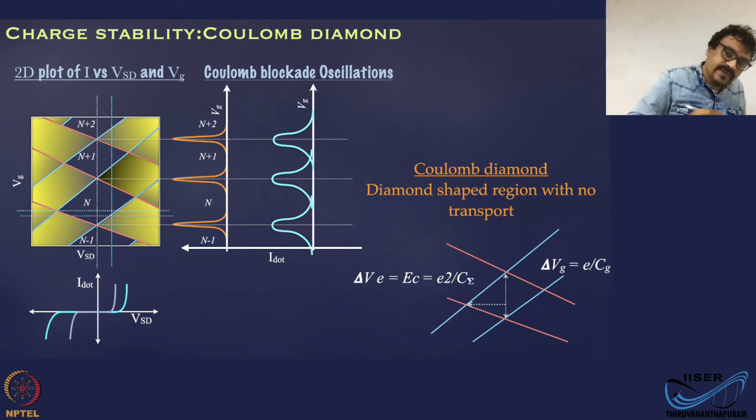Similarly, if you take slices along the x direction, along the bias voltage direction in this plot, then for a given gate voltage you are going to get a blockade region in the middle, and the current will turn on when you overcome the charging energy.